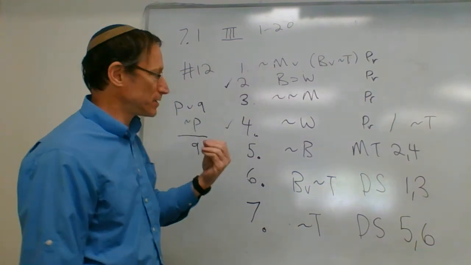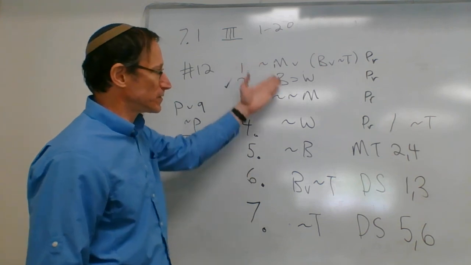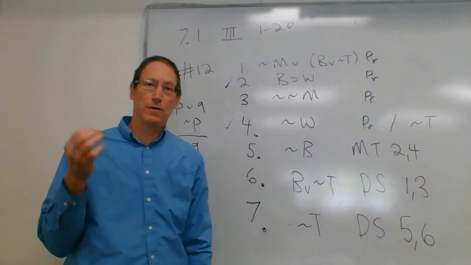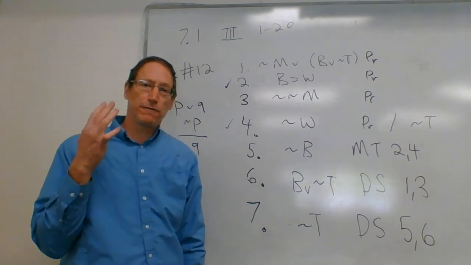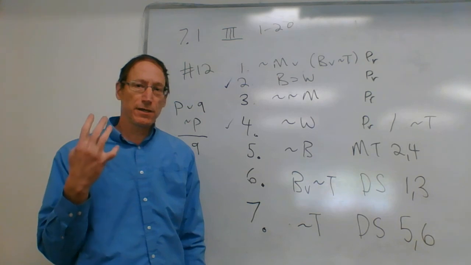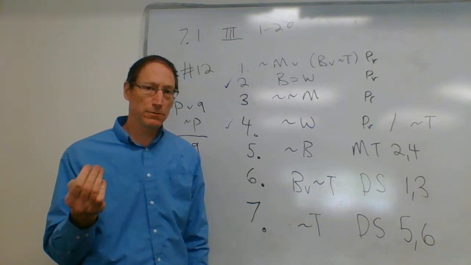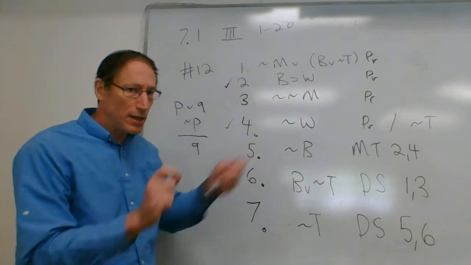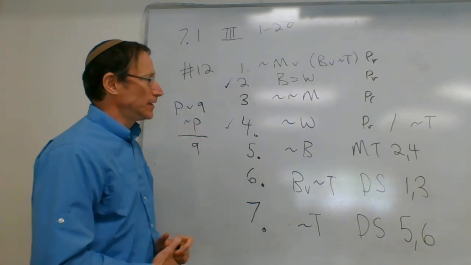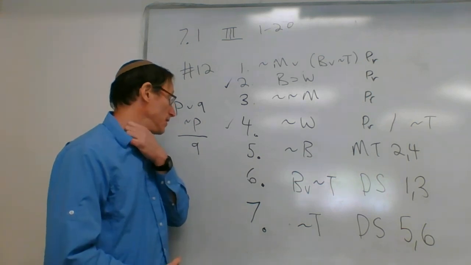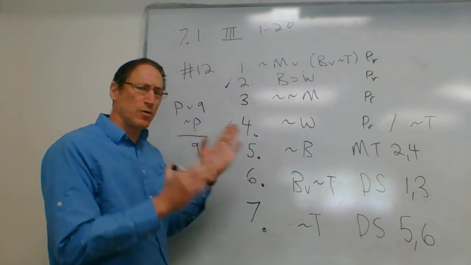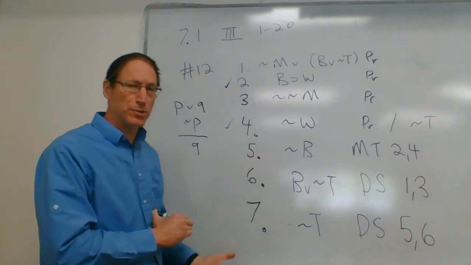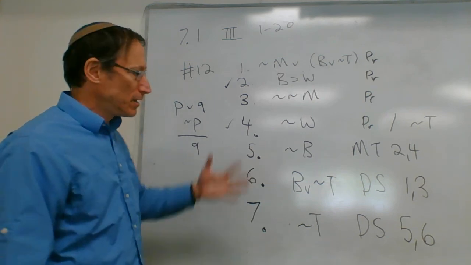If I asked you what are the simple components of the argument here, you would have to say B, M, W, and T. So a truth table with four simple components is going to be 16 lines long. And on each line, you're going to have all those combinations of T's and F's, and you're going to have to be plugging through T's and F's for 16 lines and determine whether there's a counterexample. Is there a row where the premises all come out true and the conclusion comes out false?